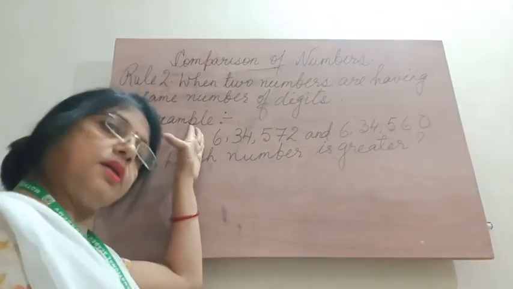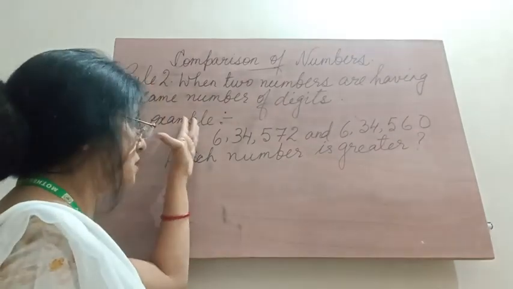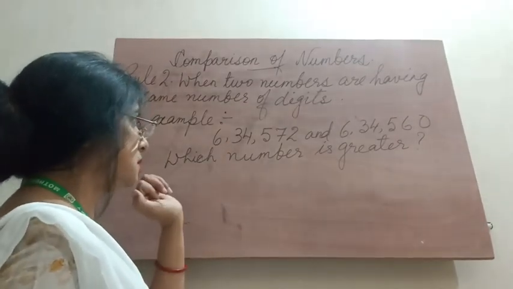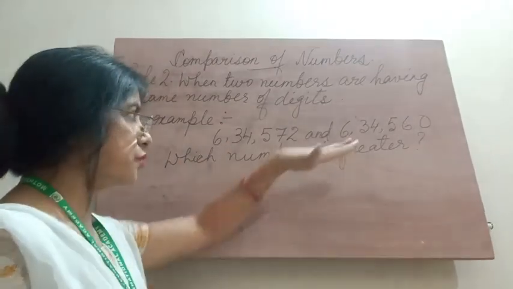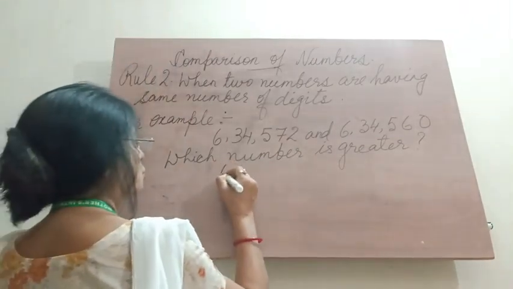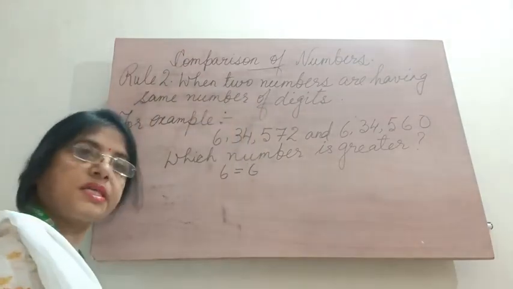So, we will start finding which number is greater. From the left hand side, again see how many times I told you. From the left hand side, we start seeing the digits. The first digit in the first number is 6, and of course in the second number also the first digit is 6. So 6 is equal to 6. We move towards the second digit.